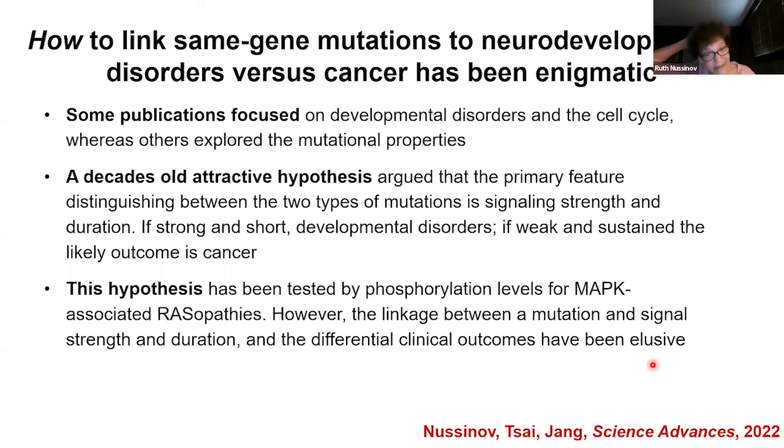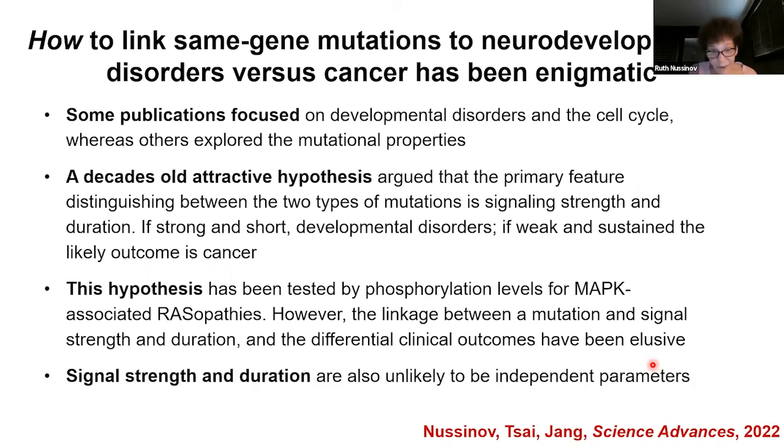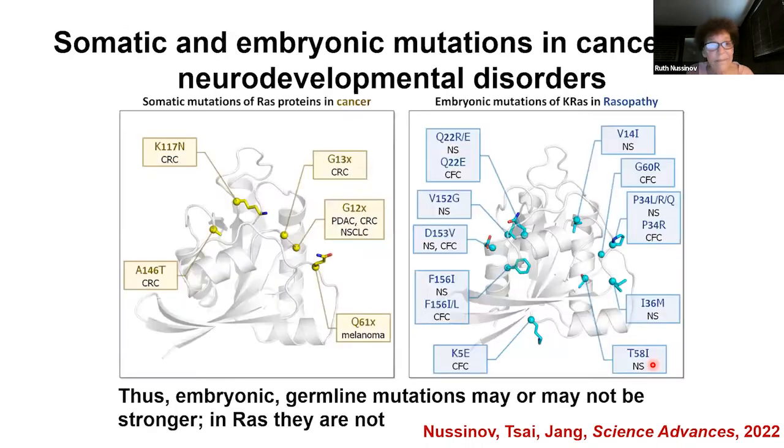This hypothesis has been tested by phosphorylation levels for MAPK associated rasopathies. However, the linkage between a mutation and signal strength and duration and the differential clinical outcomes have been elusive, and also signal strength and duration are unlikely to be independent parameters.